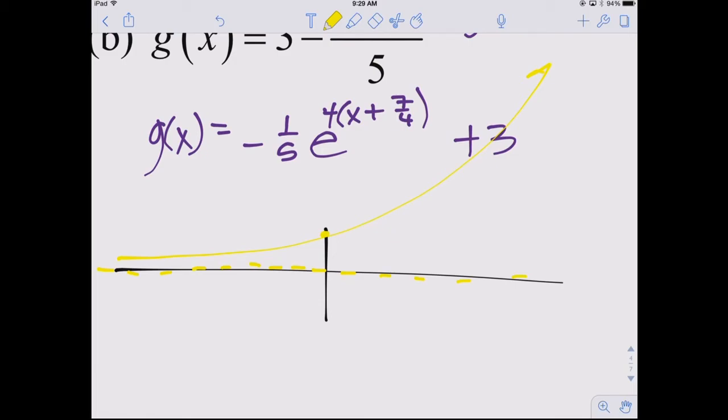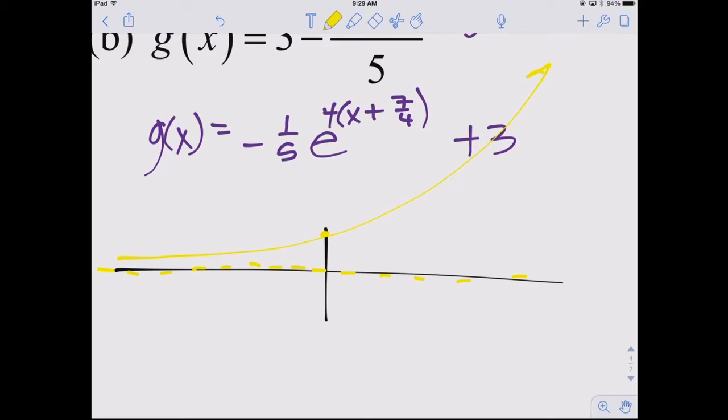Again, the stretch and compressions you don't need to show, but the reflections you do. That one's going to reflect across the x-axis first, which means now the graph is going to live where in relation to its horizontal asymptote? Below. And it's going to be increasing or decreasing? Decreasing. It's going to come in here from below and go down like that. I got it. That's my final shape.